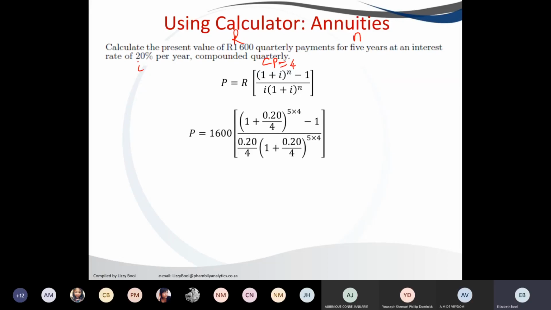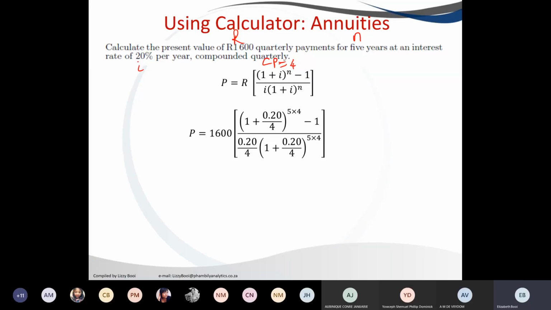When I substitute into the formula, my payment R is 1,600 times the accumulation factor of 1 plus my i, which is 20%, 0.20 divided by my compounding period of 4, to the power 5 multiplied by the compounding periods of 4, minus 1, divided by 0.20 divided by 4 times 1 plus 0.20 divided by 4.